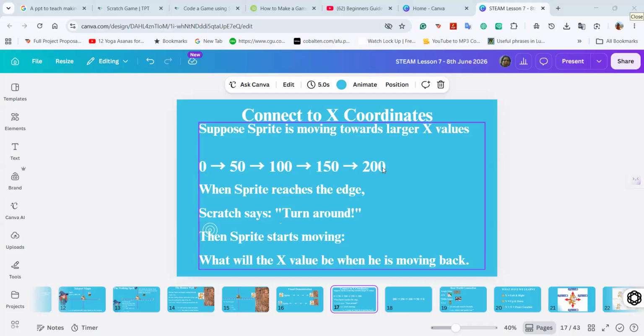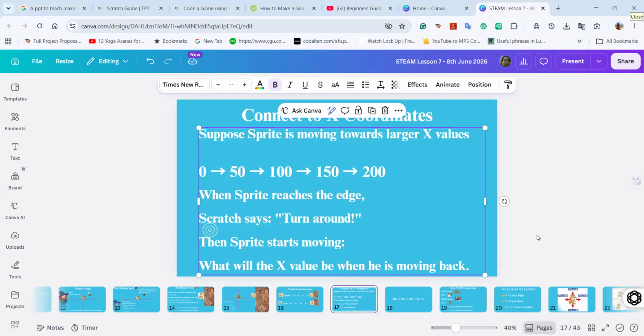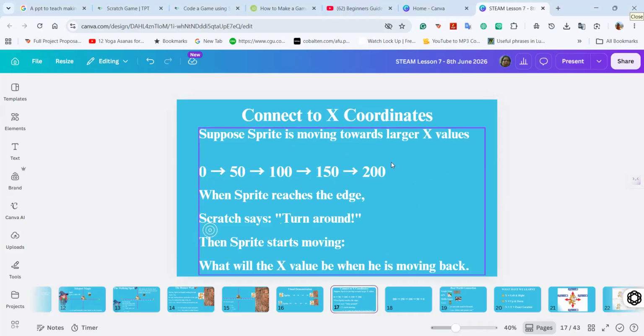The sprite is at 200 now. From 0, it went to 50 to 100 to 150 to 200. Wall was here. Wall was on this side. Hit the wall. Now it is moving back. Moving back to which coordinate first? Which number first? Moving back.